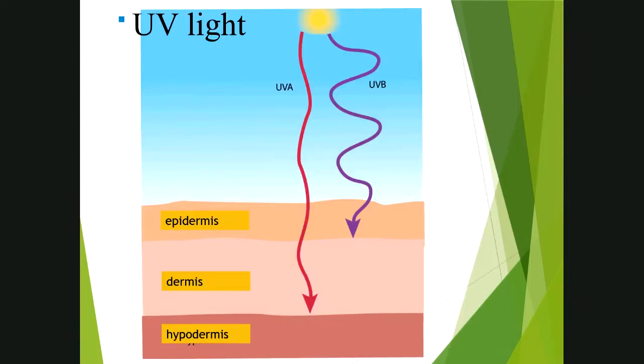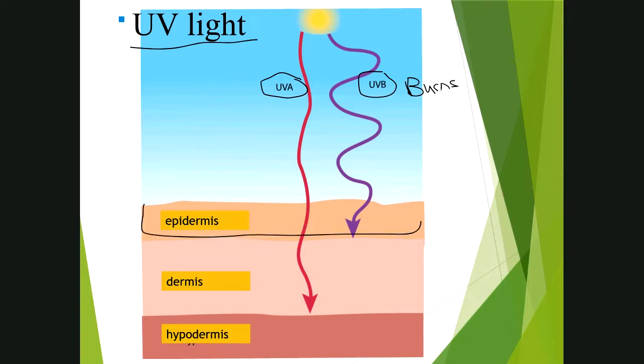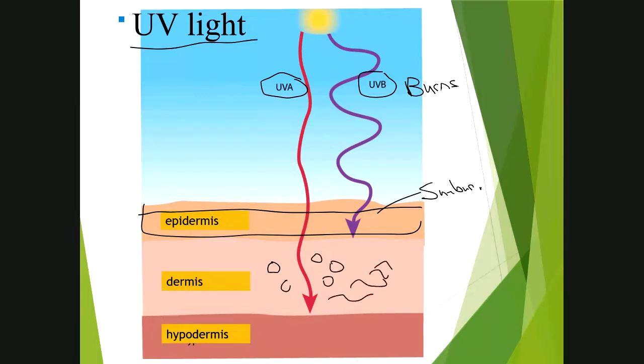Well, we already talked about something, which is UV light. Remember we talked about UVA and UVB. UVB, remember B, you can think of it as standing for burn, although that's not what it stands for. But remember, it's confined to the upper layers of the skin, and what it does is it damages these cells, and we get things like sunburns. UVA, though, penetrates much deeper down where there are living cells, and there's collagen and all that sort of stuff in here.